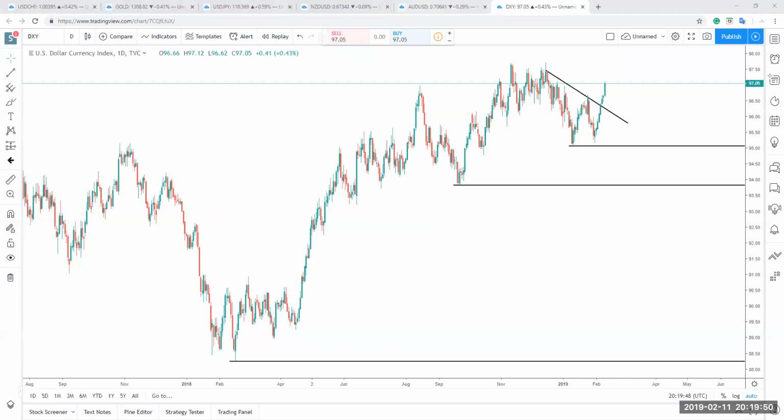If you go to the 1 month, full price is probably gonna come into here. Let's see. This is a daily.